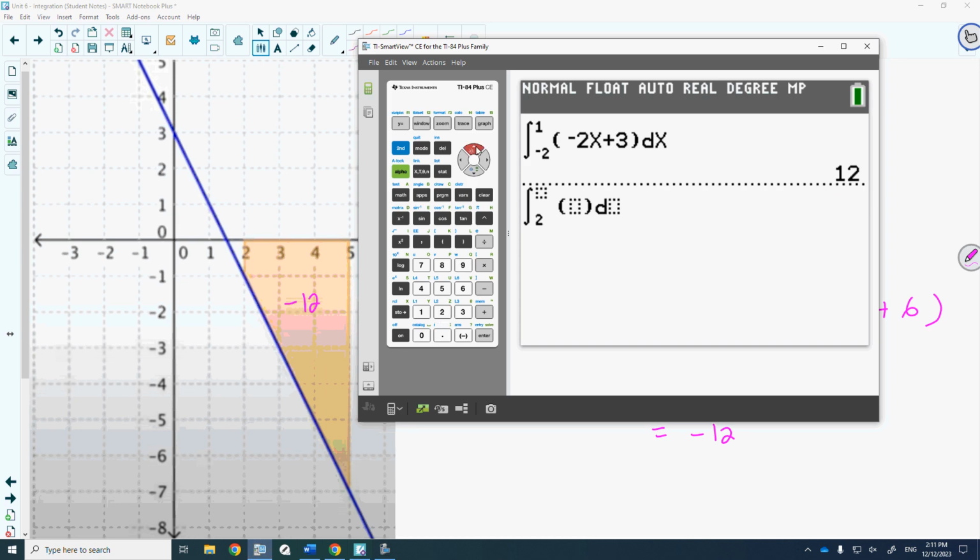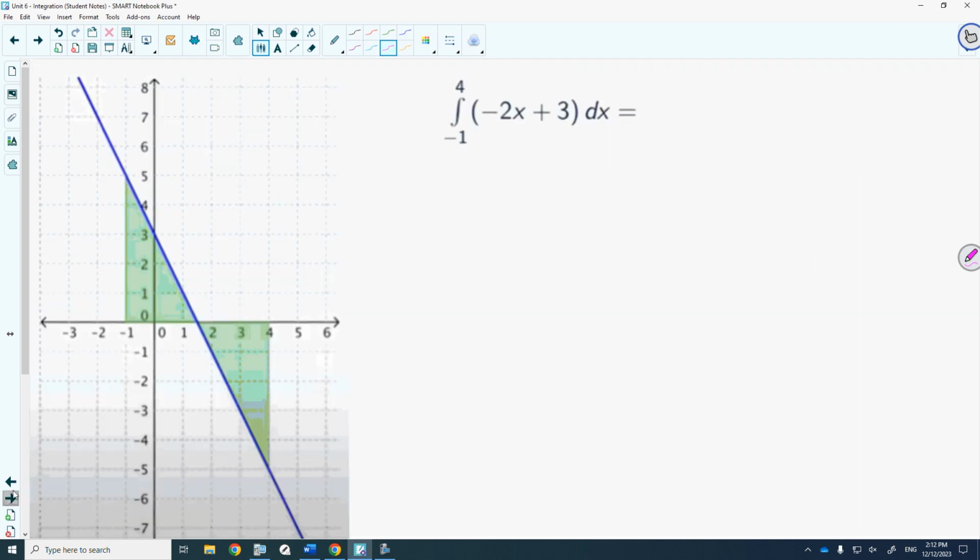So 2 to 5 of negative 2x plus 3 with respect to x, we get negative 12 because that area is below the x-axis. So this is going to be called the net area, what we're going to be doing. Okay, so let's now do the exact same f of x.